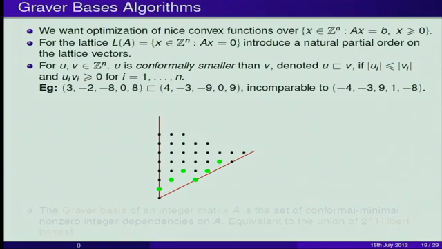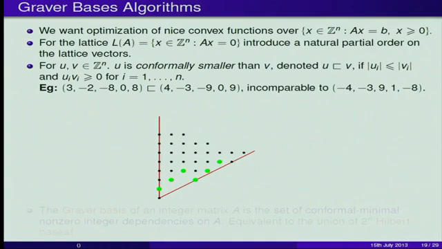I'm going to say that a vector u is conformally smaller than v if two things happen. First of all, they have the same sign pattern. And then when I look entry by entry in absolute value, the absolute value of u_i is less than the absolute value of v_i. For example, (3, -2, -8, 0, 8) is less than, in this strange order, (4, -3, -9, 0, 8).